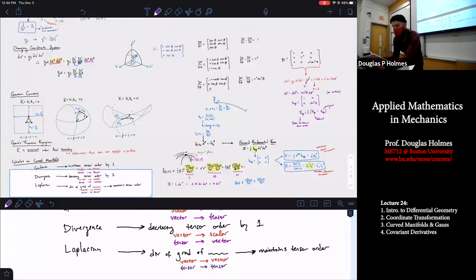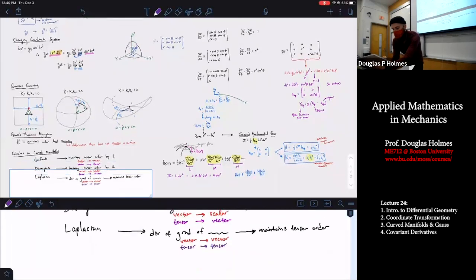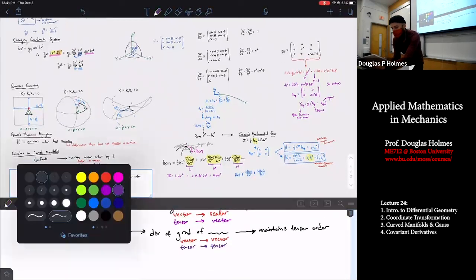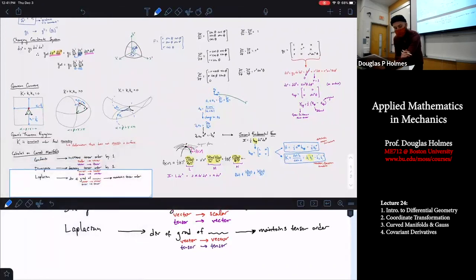You can see this in the notation for a Laplacian. If you look at the way it's written in a tensor analysis form, you would write the Laplacian of a vector as grad mu grad mu of my vector v lambda.